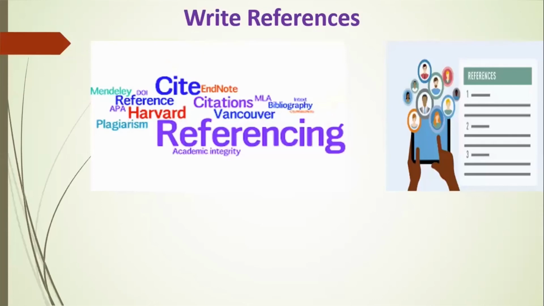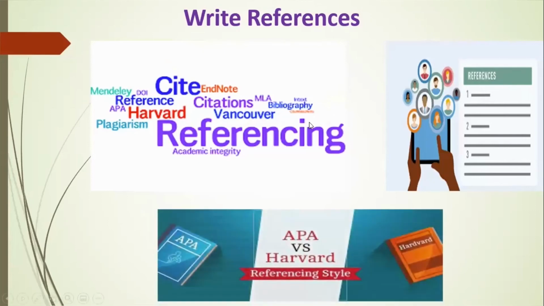Start to research, right? Researching and referencing travel together. Whenever you collect any research articles, always start to write your references side by side so that you won't miss any single reference. When it comes to references, there are different types of referencing style.